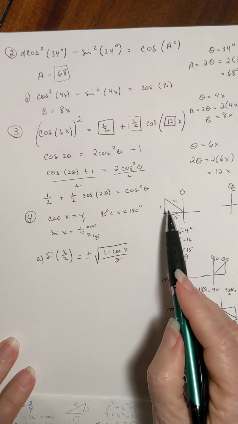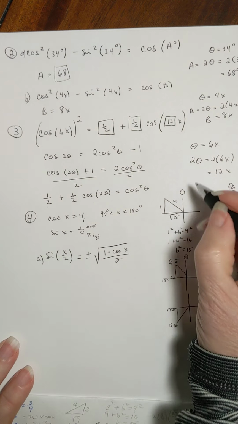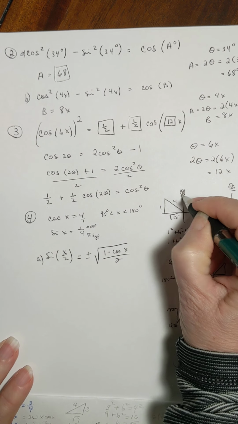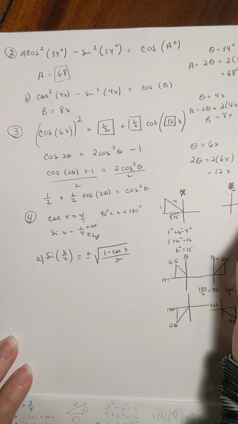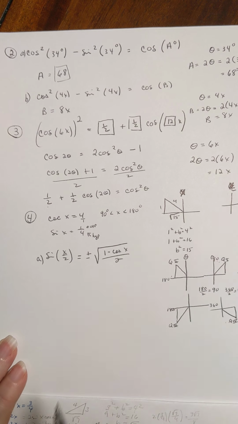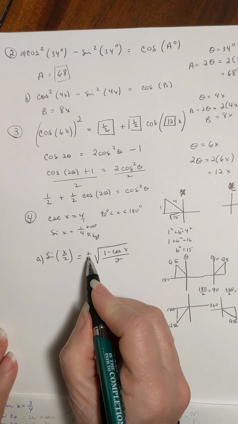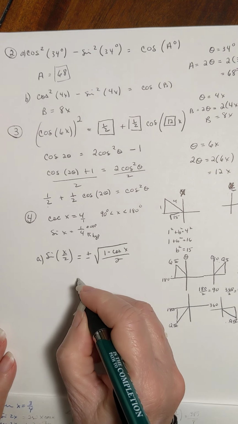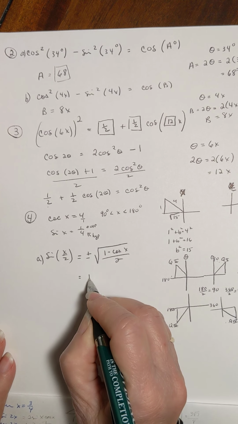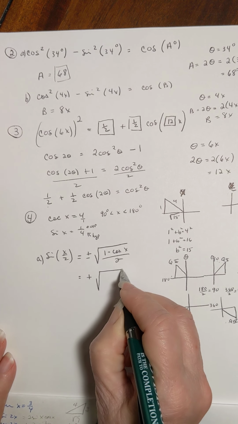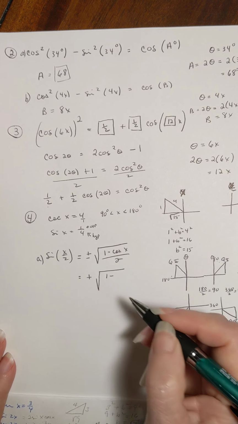So looking at this is my x, and so this would be my x over 2. So again, x over 2 is going to be in the first quadrant. So when I have to choose between plus or minus, in this case, it's always going to be plus.